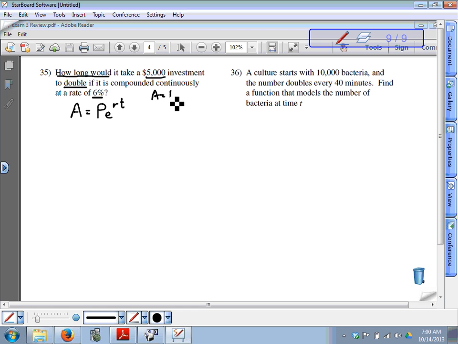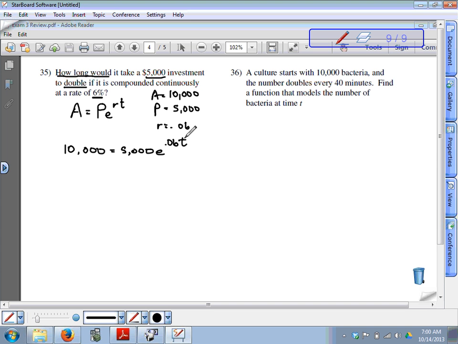So A is equal to 10,000, P is equal to 5,000, and the rate is equal to 0.06. So we know all of the other variables except for t, which is the one we're solving for. So 10,000 is equal to 5,000 times e to 0.06 t.